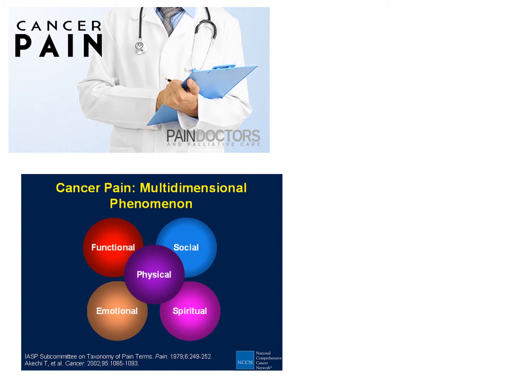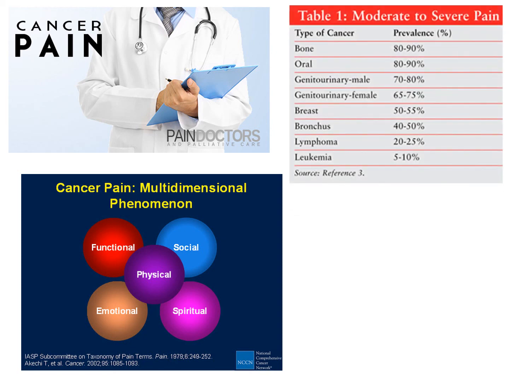So cancer pain is complex and it is severe. Where we see the most severe is in the bone. Certainly other ones are nearly as severe. Again, oral is probably in the bone as well, but you can see different types of pain due to different types of cancer, if you will.